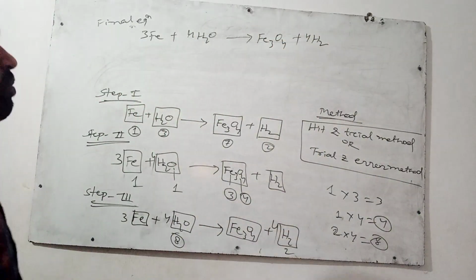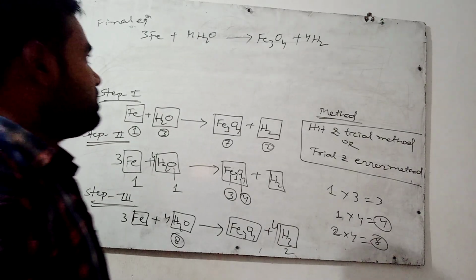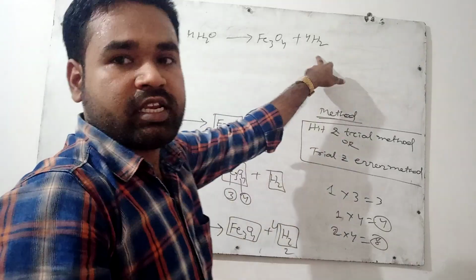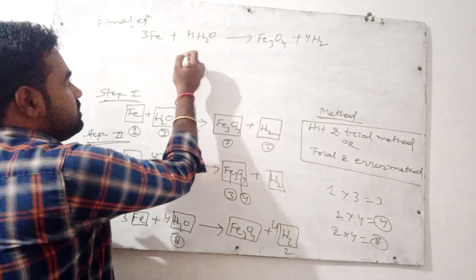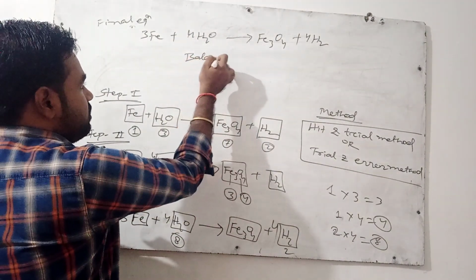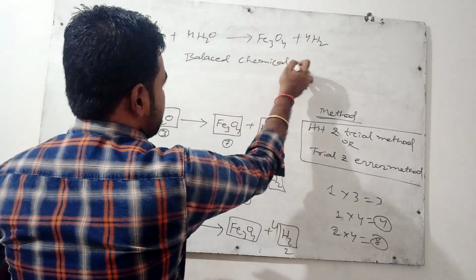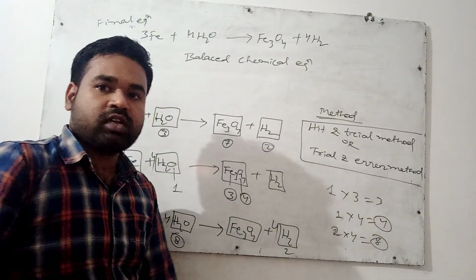Now count every atom to check whether it is balanced: 3Fe, 4O, 4O, 8H, 8H. Now we can say that this is a balanced chemical equation. Clear everyone?